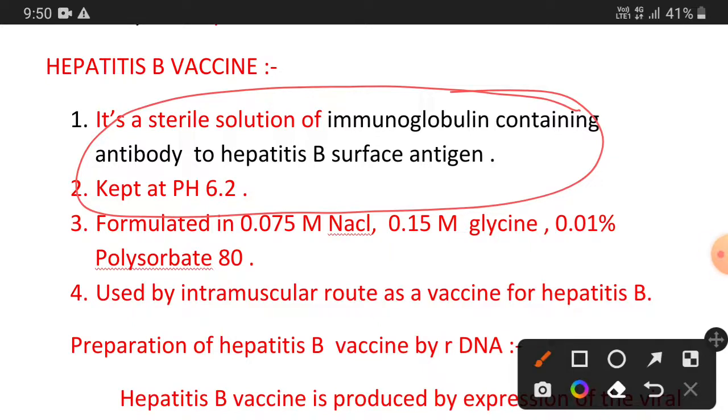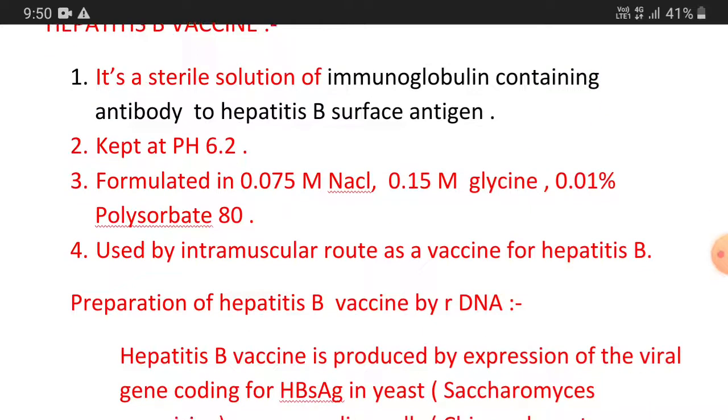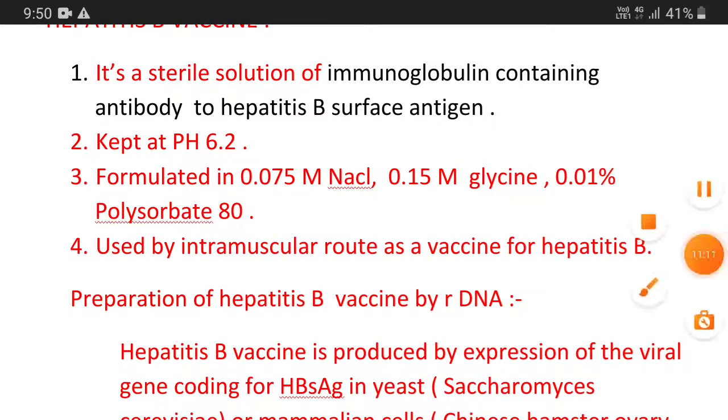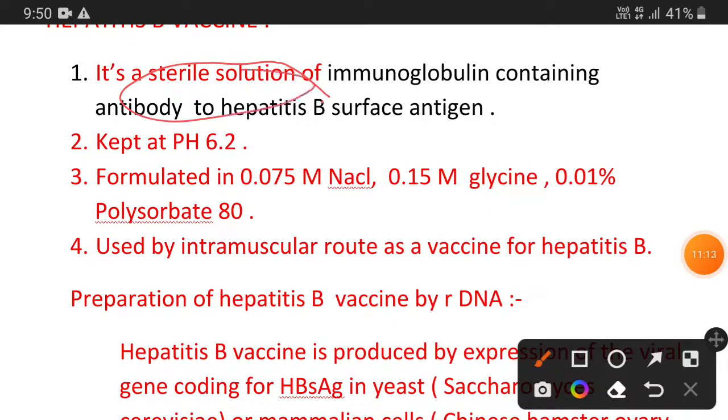But in some cases we also use the direct antigen. That means the sterile solution in some cases can be a solution containing only hepatitis B surface antigen, and in some cases it will be a sterile solution of immunoglobulin containing antibody against hepatitis B surface antigen. We will keep it at pH 6.2 and we will use various solutions for the formulation.